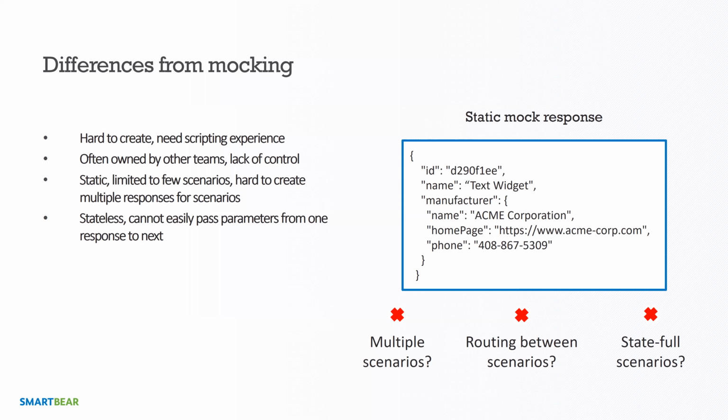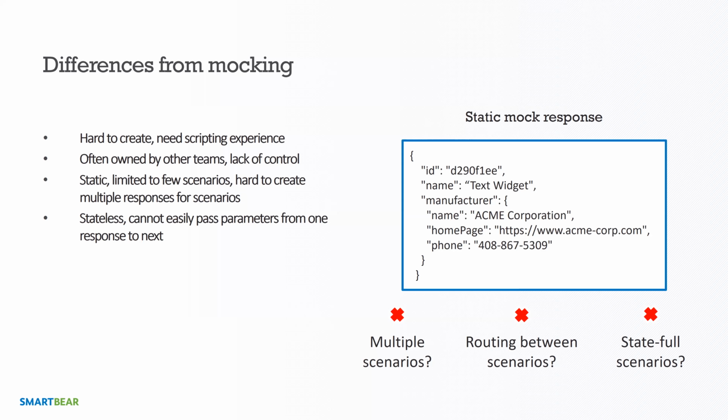Often owned by other teams, lack of control. It's another huge thing. You're going to see how easy it is to share all these virtual assets within Service V Pro. And then the next two are a little bit linked, but this is huge: static and stateless. Static responses are always going to give you back that same piece of data, no matter what the logic is, and then stateless as well.